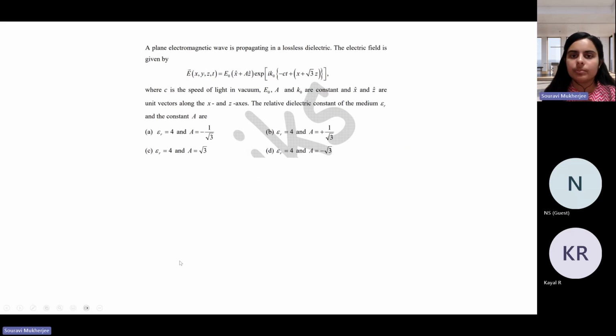So can you tell me how to proceed with this question? What should I do first? What is the information that one can get from this expression of the electric field?